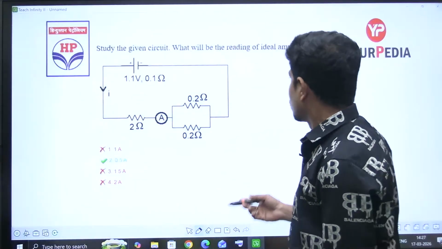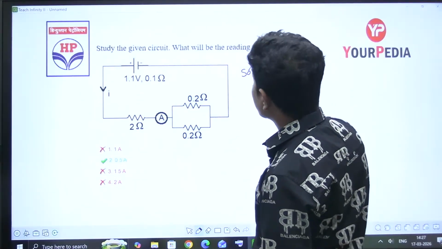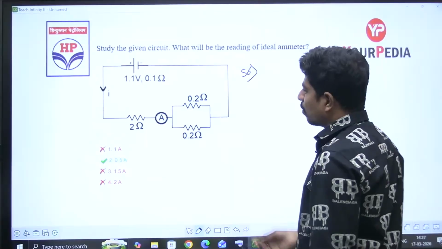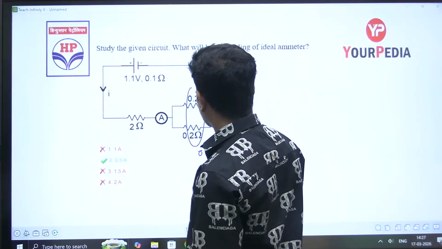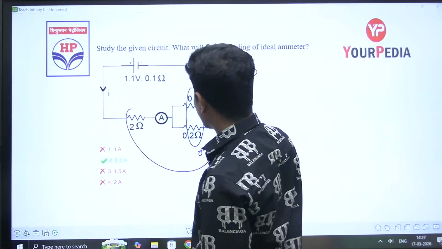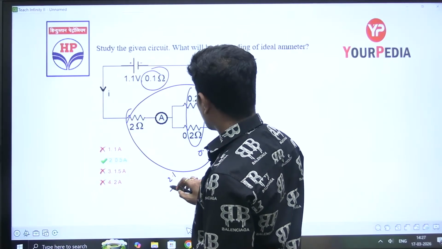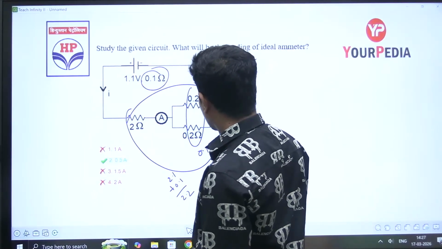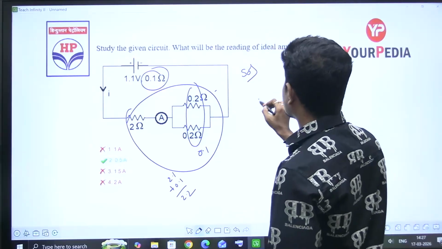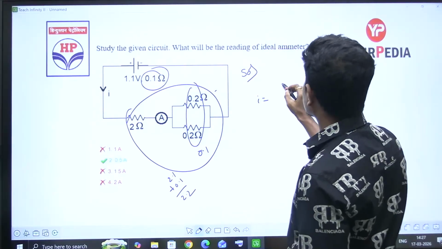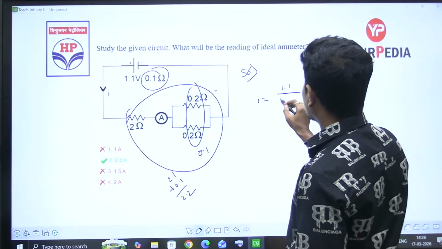Very simple. Ammeter is ammeter only. 0.2 in parallel with 0.2 is how much? 0.1. 0.1 plus 2 is how much? 2.1. 2.1 in series with the 0.1 is 2.2. Total resistance is 2.2. Then the current small i is equal to voltage divided by total resistance.